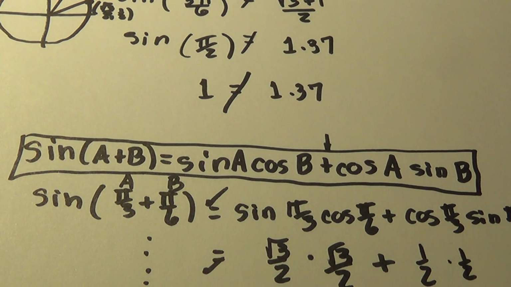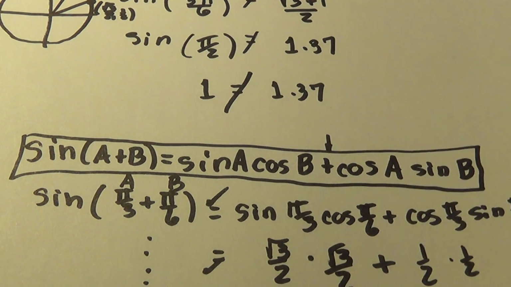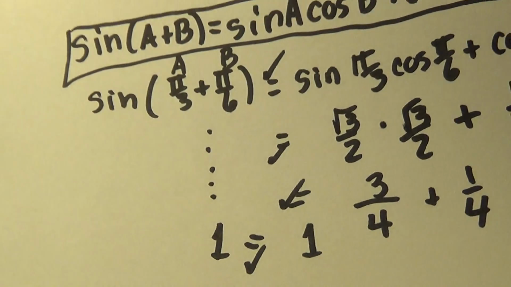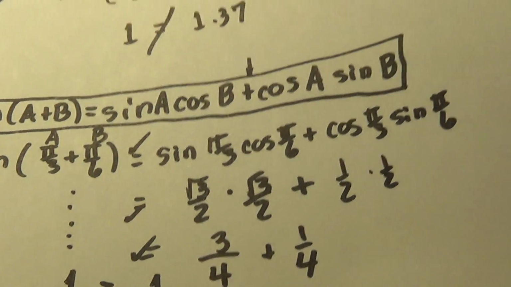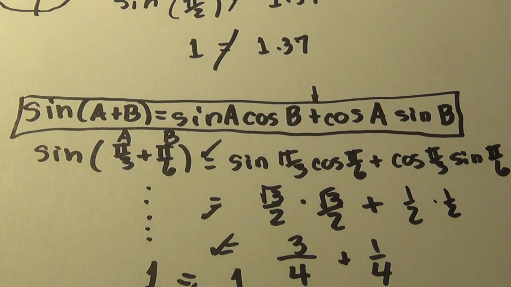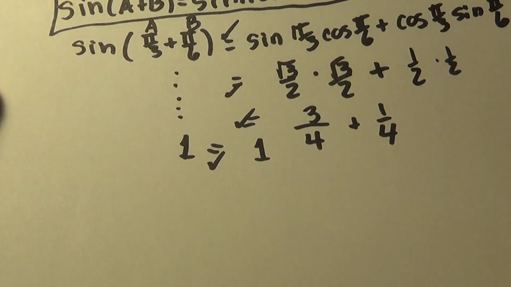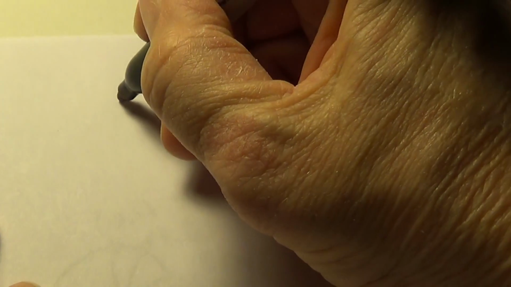Sine of A plus B equals sine A cosine B plus cosine A sine B. So write that in the body of your comp book and also in the back where you're collecting your trig IDs and formulas. Alright, so at this point I'm going to rewrite that one, and give you the other ones that we need.